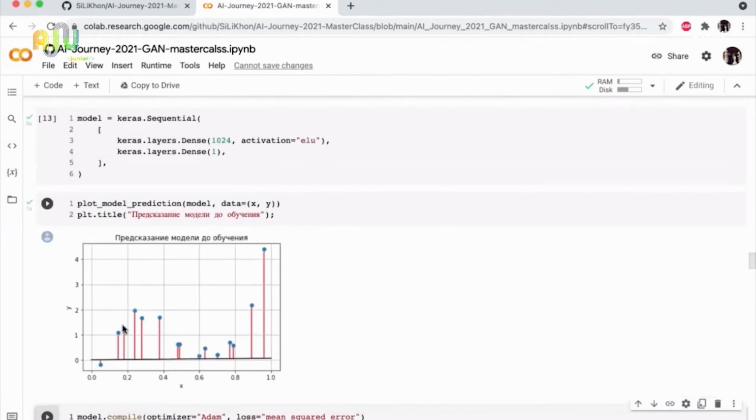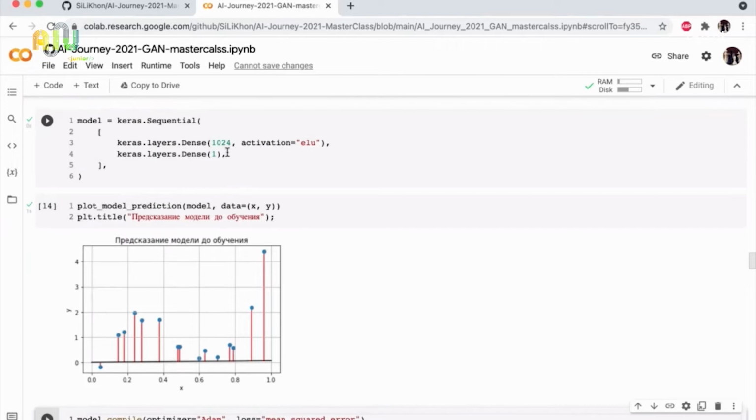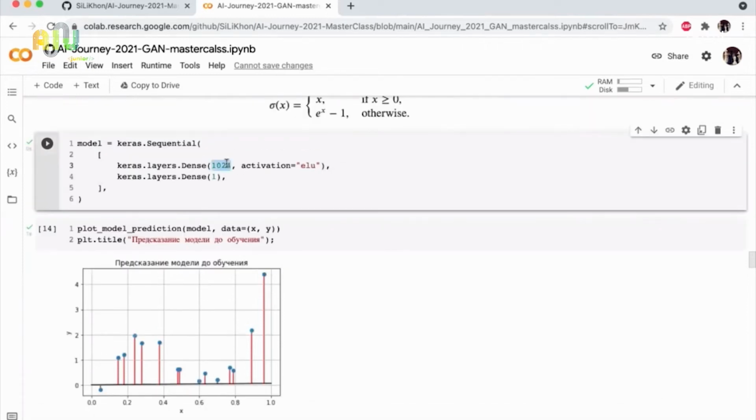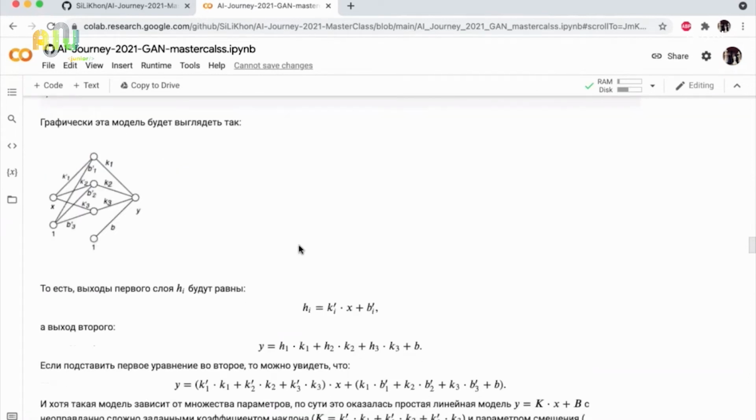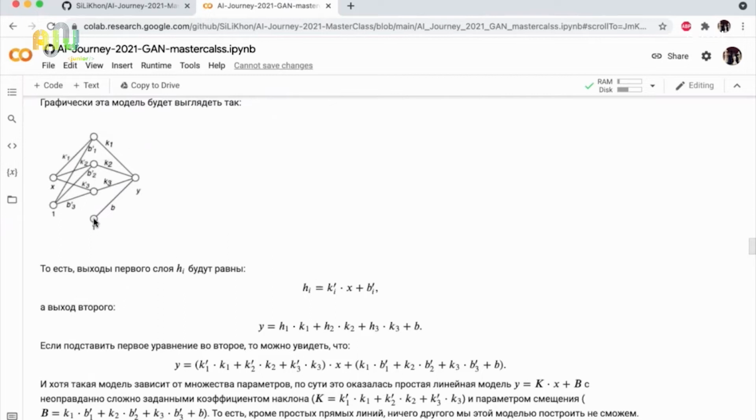Here at the very beginning, the model looks linear, but then we will see it's not exactly like this. I forgot to say I set 124 parameters as a number, not 3.